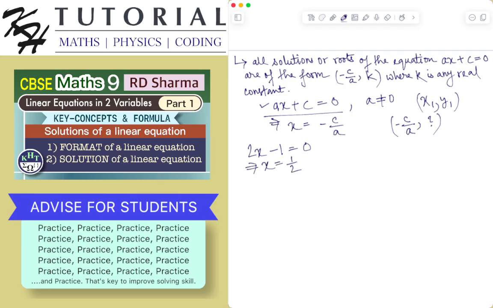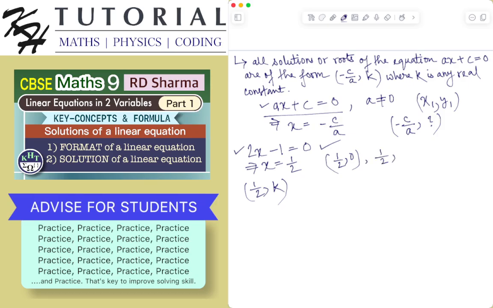So all the roots of this equation, considering it as a linear equation in two variables x and y, will be half comma k, where you keep on considering any unique values of real number for k, and all those ordered pairs will be a root of this equation. For example, half comma 0 will be a root of this equation.